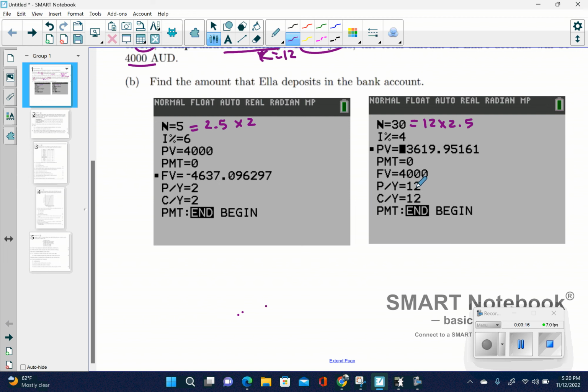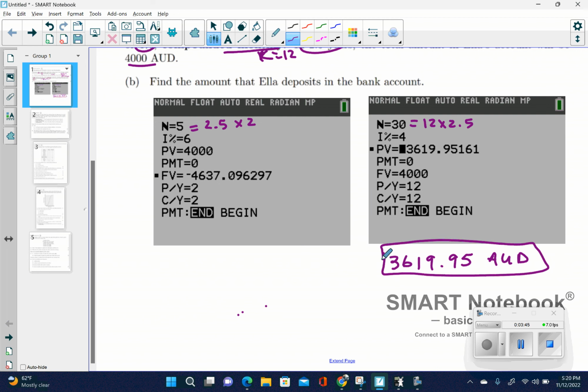Periods per year and compounded periods per year is 12. And then you do the alpha solve and you get 3,619.95 Australian dollars. So for part B, we have 3,619.95 Australian dollars, and this is our answer for part B.